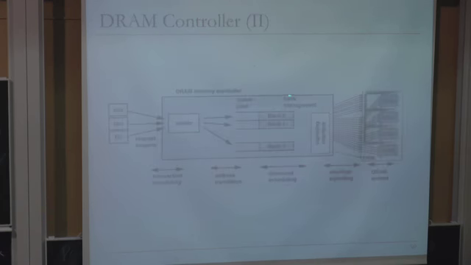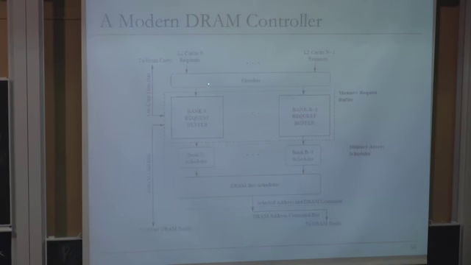So if you look at this part in a little bit more detail, a modern controller, let's look at the on-chip controller here. You have requests from different caches that could go to any bank. Each bank has its own request buffer. These store the requests coming from the cores. And each bank can have a scheduler that decides which request to prioritize next.